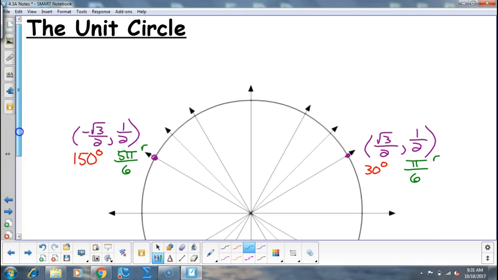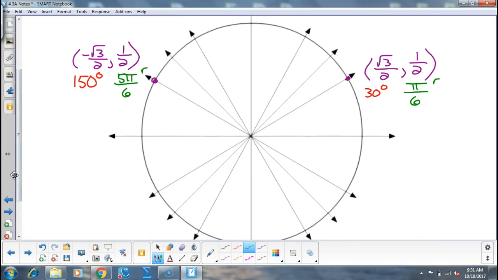Okay. Now let's go down here. Coordinates. Degrees. 210.